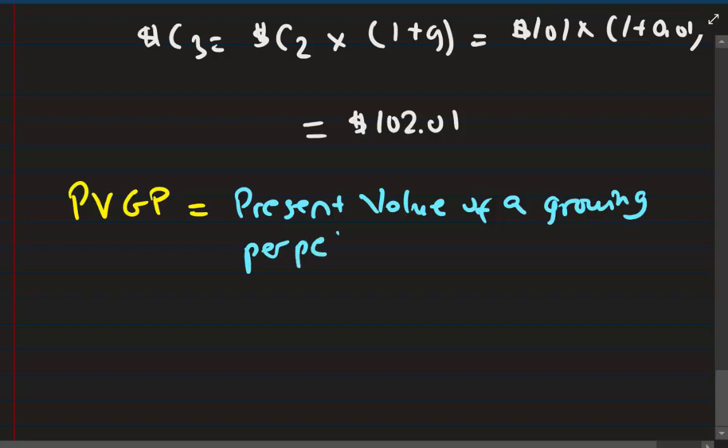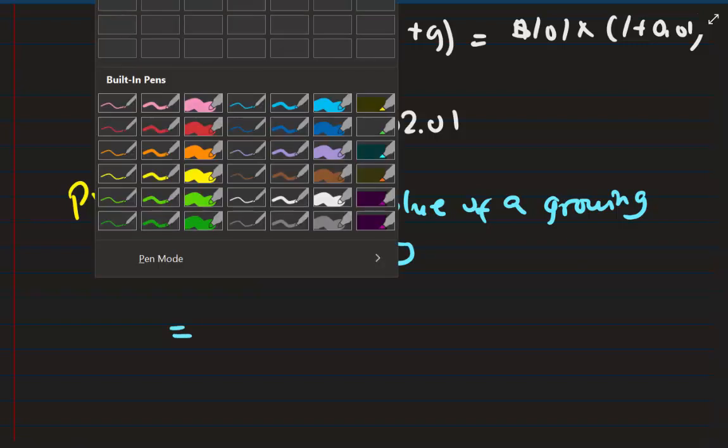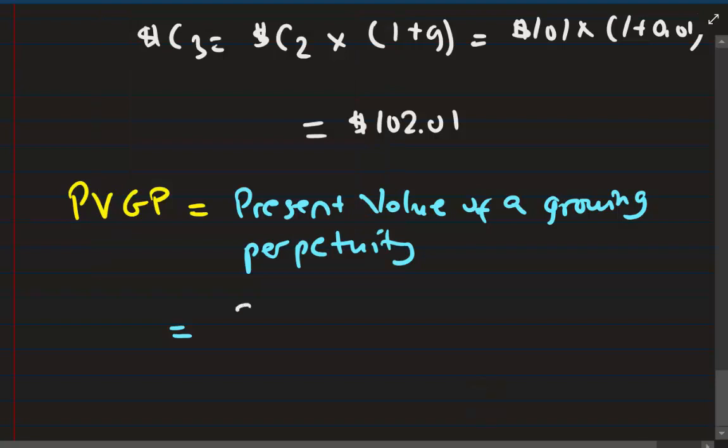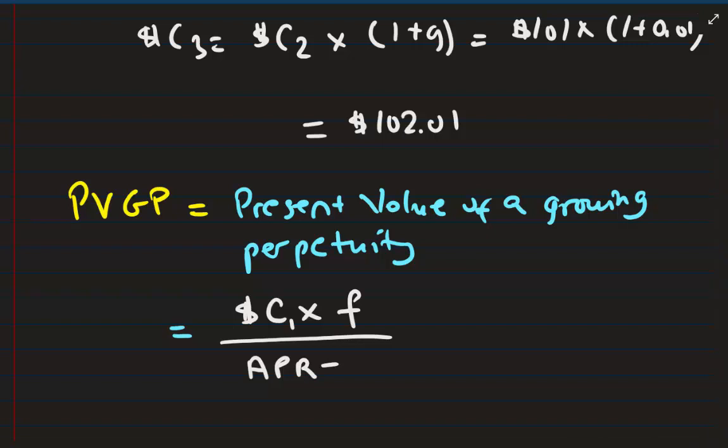And that's equal to $C1, now payments are different every year, times frequency divided by APR minus growth rate, where the growth rate is the annualized version.